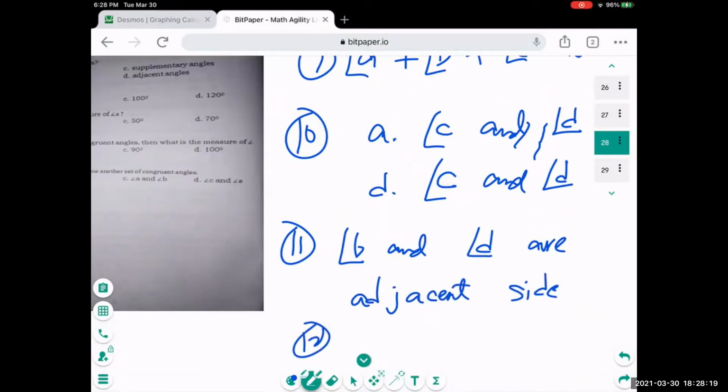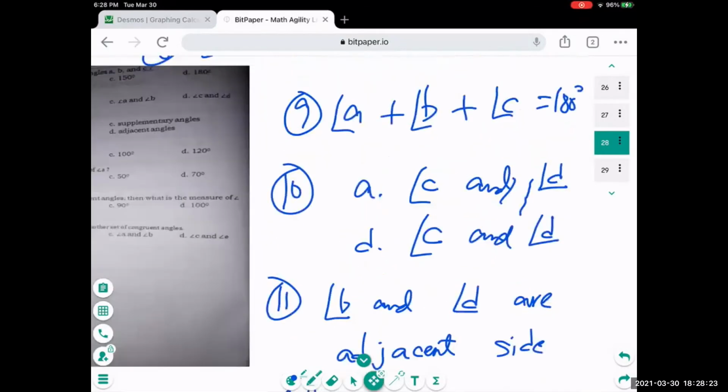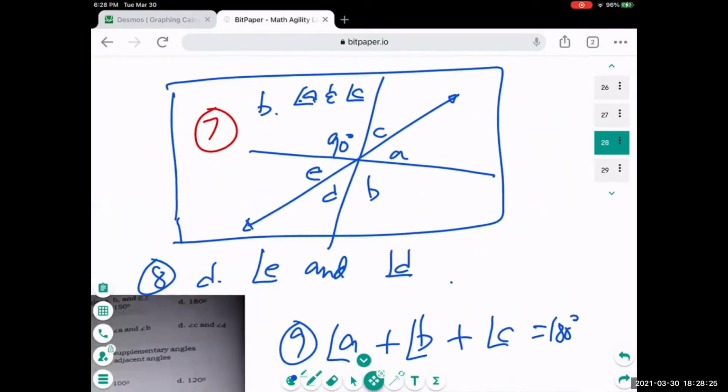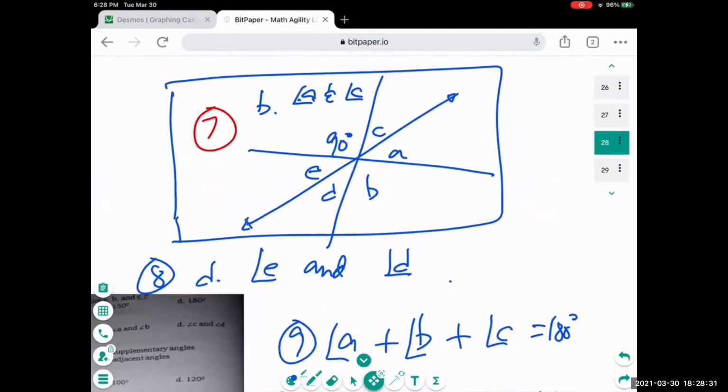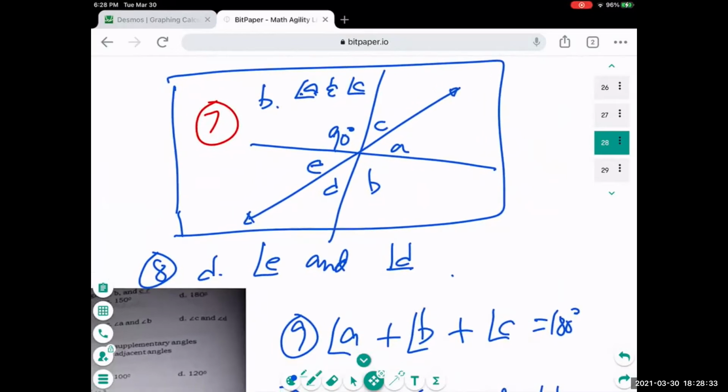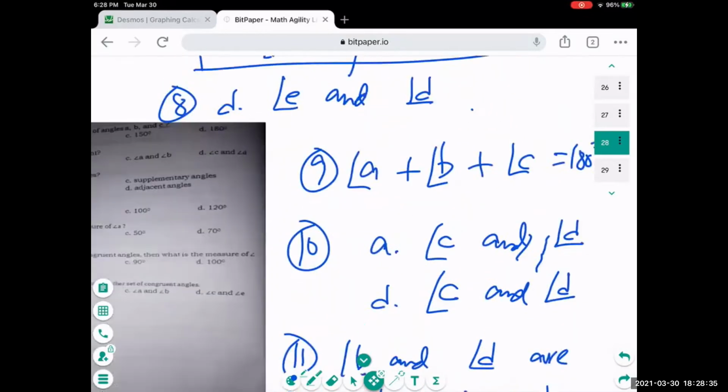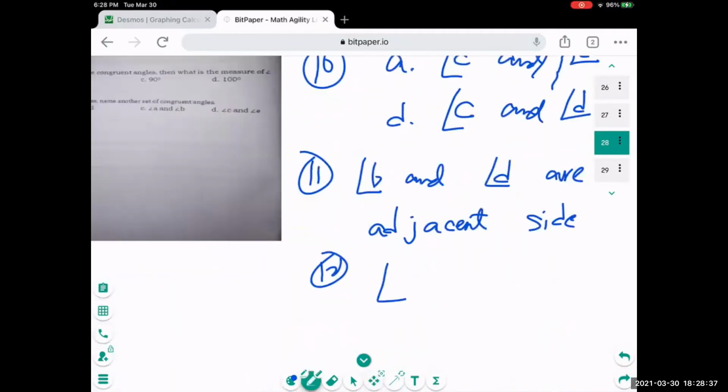So number 12. What is the measure of angle B? Angle B is a vertical angle, the same as the 90 degrees above, so this is 90 degrees.